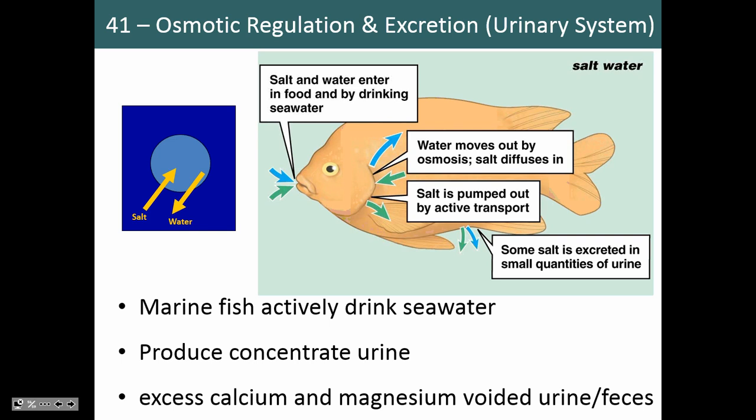They have mechanisms to pump excess ions into their undigested waste material and get it out that way. So they're constantly bringing in ions, but they have mechanisms to pump them back out. And they're going to drink, even though that brings in more ions, in order to conserve the water. These guys are really focusing on dumping excess ions, whereas freshwater fish are really focusing on dumping extra water.